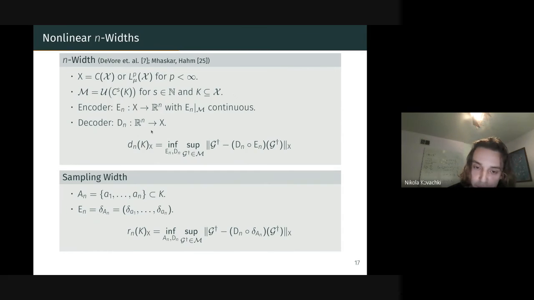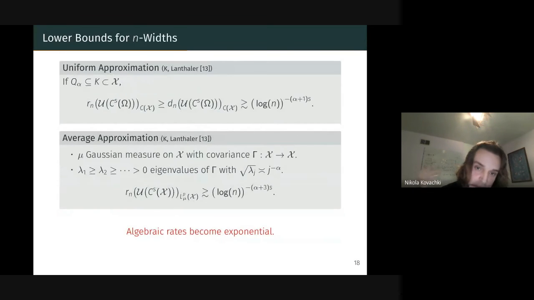Now I want to say something about this n-width. This is generally called a nonlinear n-width, and it turns out you can say something about it very generally. If I use my notion of the alpha hypercube as I did before, then you can show that this n-width is lower bounded logarithmically by n. Again, this means that algebraic rates, which are the curse of dimensionality in finite dimensions, become exponential in infinite dimensions.